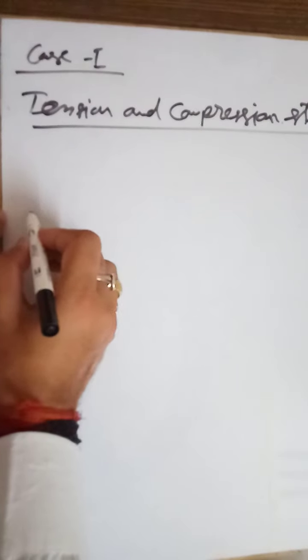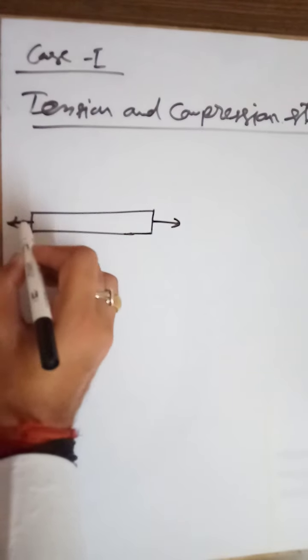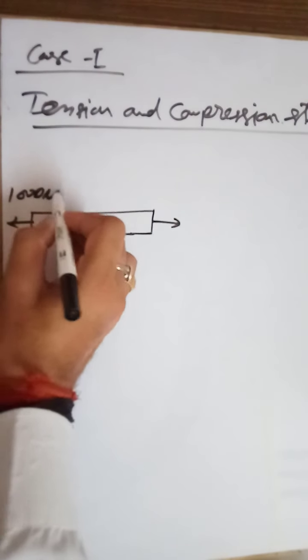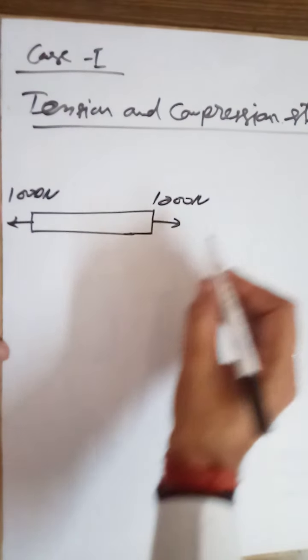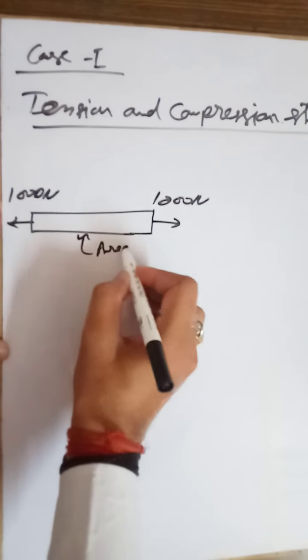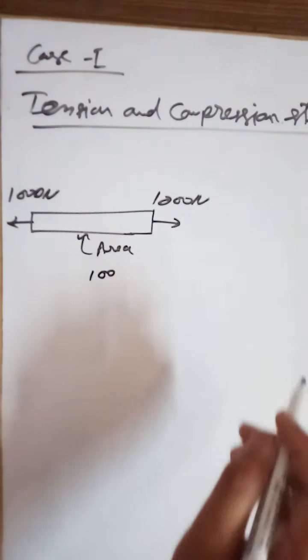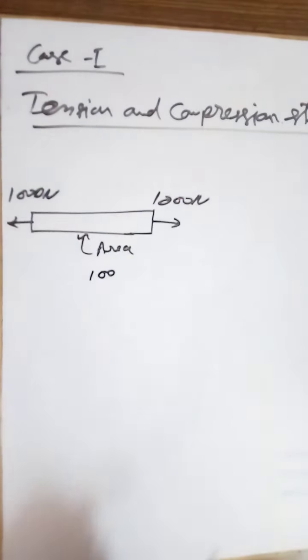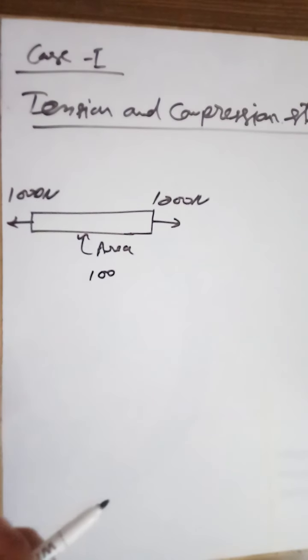As an example, consider a tensile stress. Here we have a tensile force of 1000 newton, and the area of this beam is, we can say, 100 square millimeter, and this is the first tension stress.